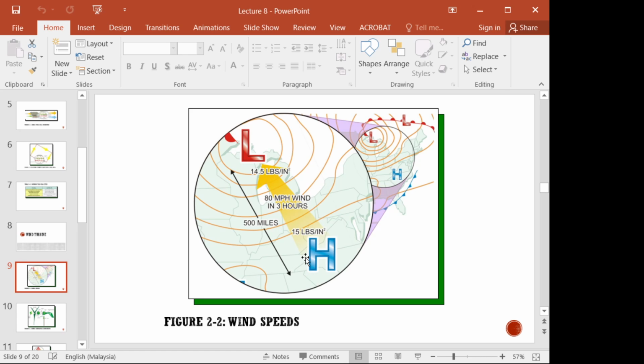So if in a region we have, for example, 40 degrees Celsius, and in another part of the country we have 20 degrees Celsius, then the wind will blow from the 40 degree region to the 20 degree region.